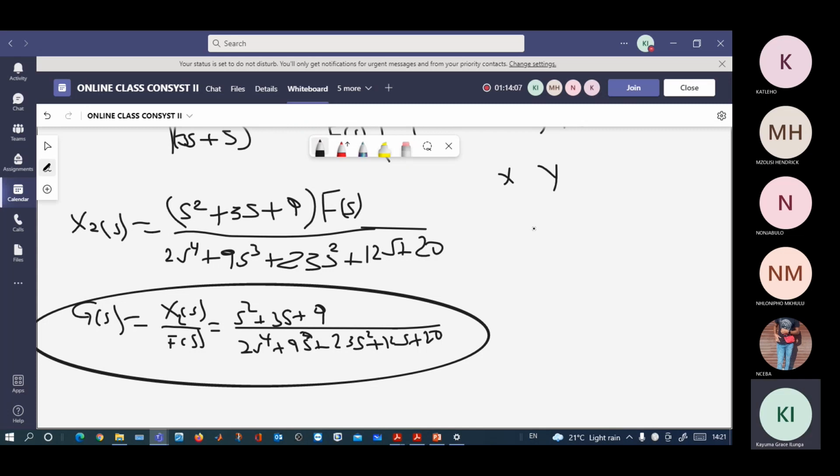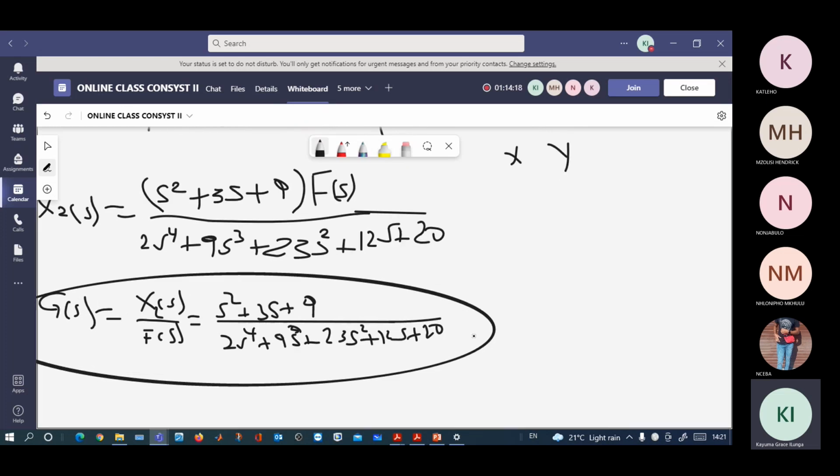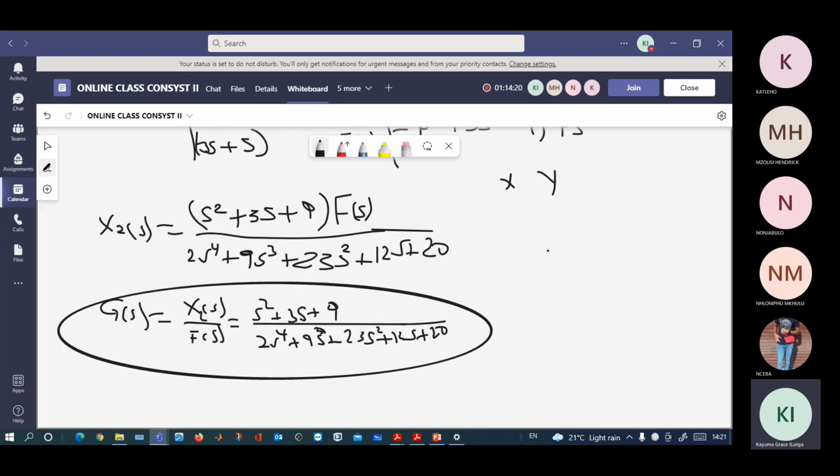What we are trying to solve is to get the ratio of the output over the input. We know that the input is f of s, and this is the output. We choose this particular output. So we are getting the equation of the input and the output in the system.